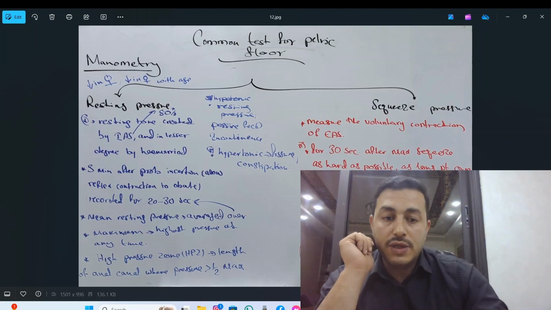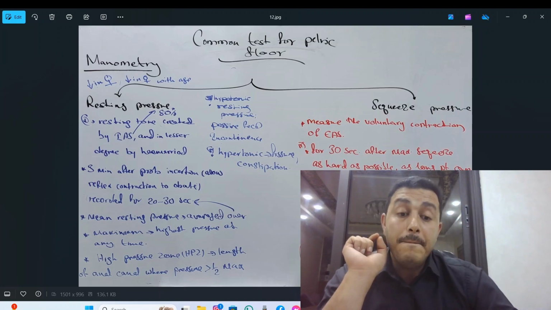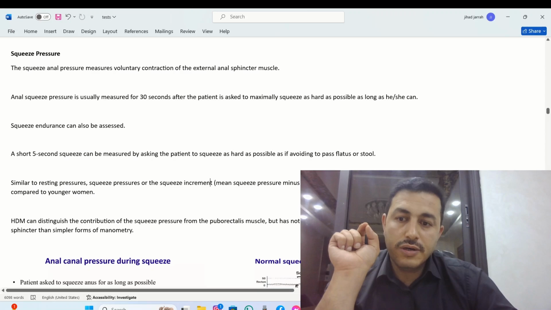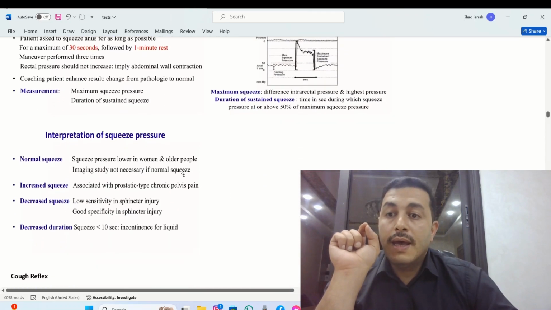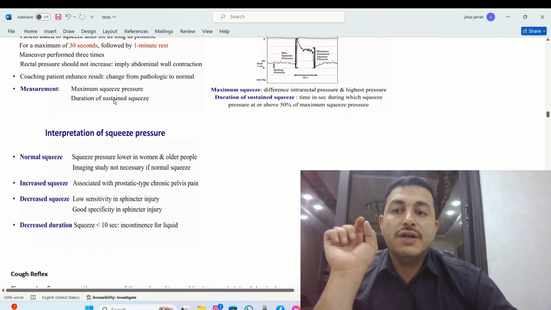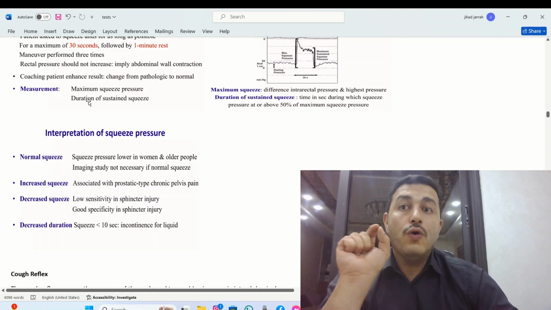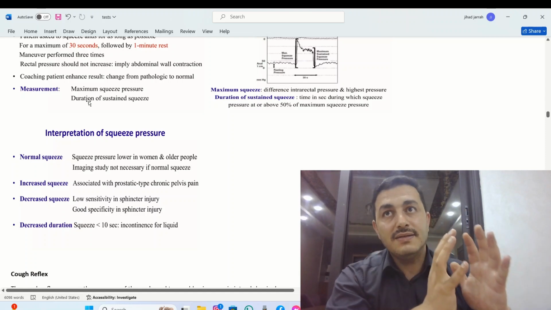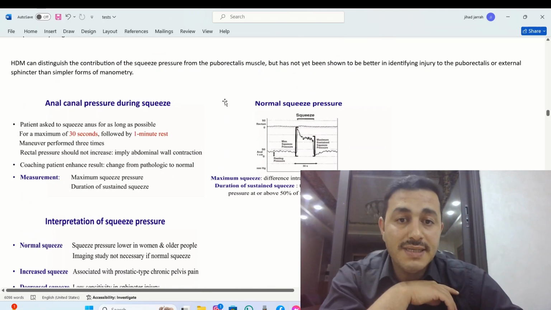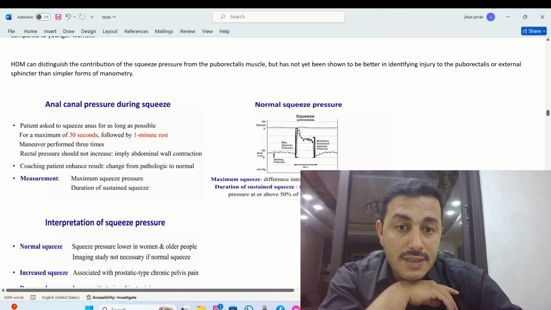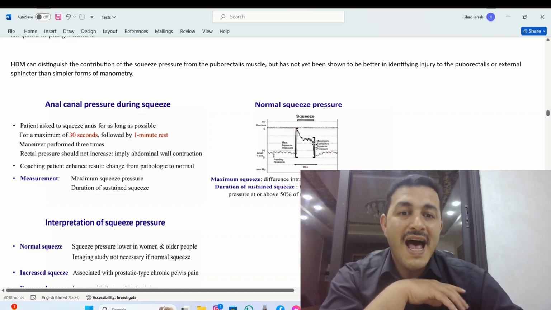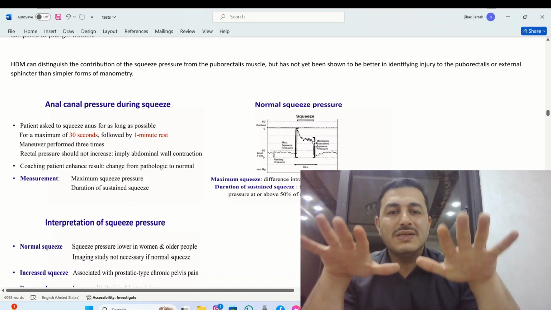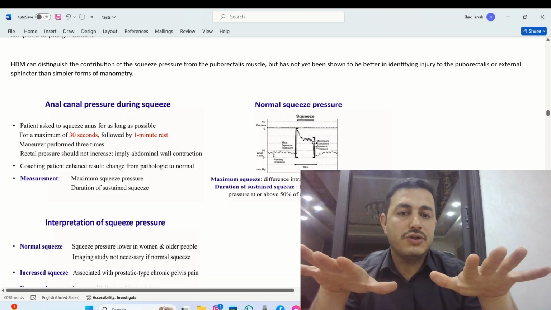We measure 2 things: the maximum squeeze pressure and the duration of the sustained squeeze pressure. This is the maximum squeeze pressure, and this is how long the patient can sustain the squeeze pressure.